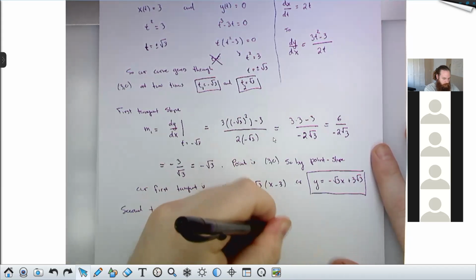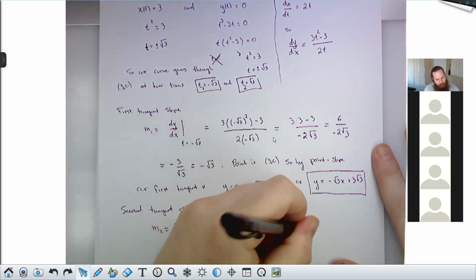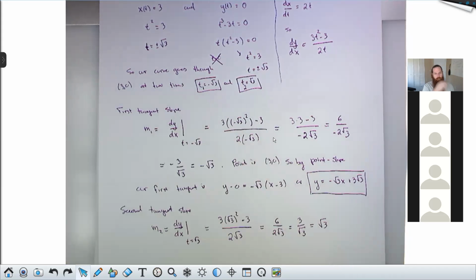The bottom here is 2 root 3. And again, you can cancel the 2 into the 6. You get 3 over root 3. And again, you can rationalize the denominator, and here you just get slope is positive square root of 3.